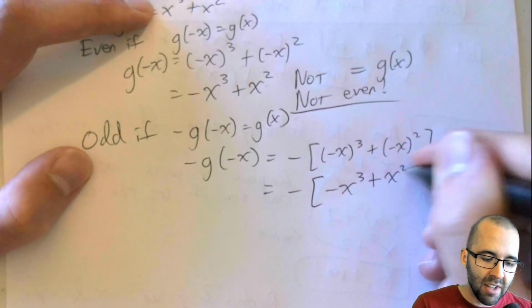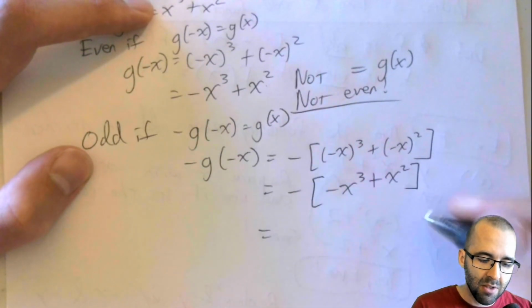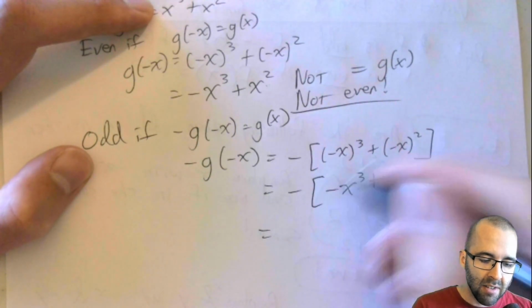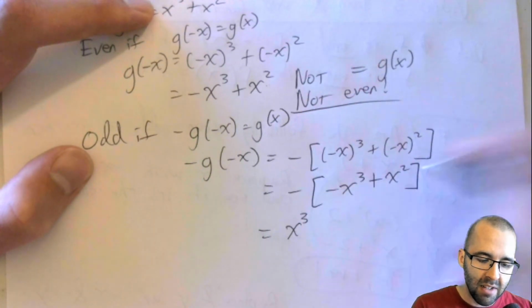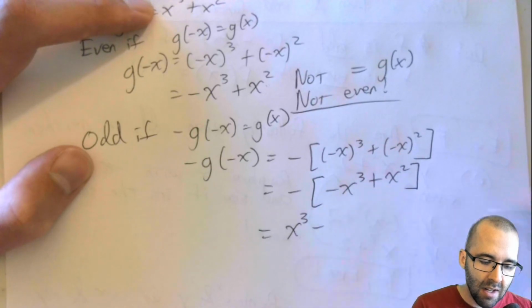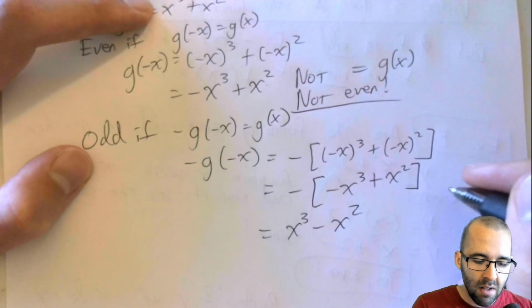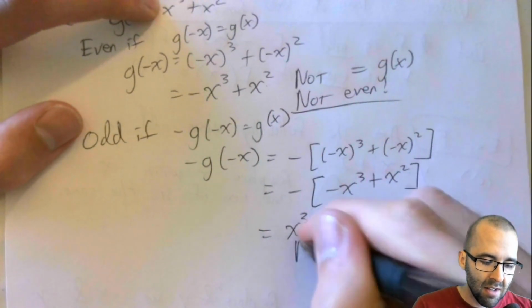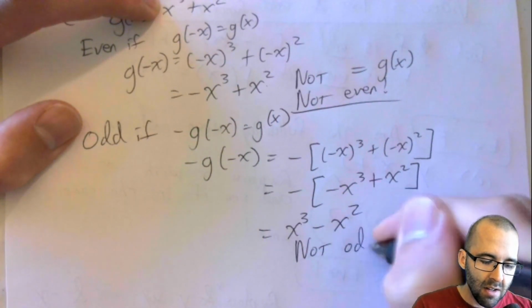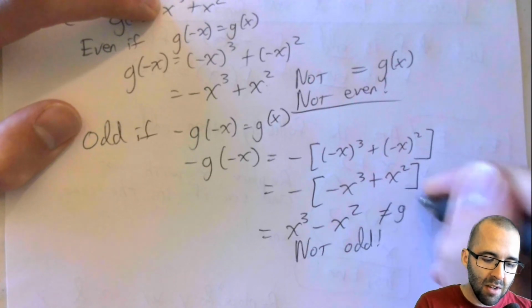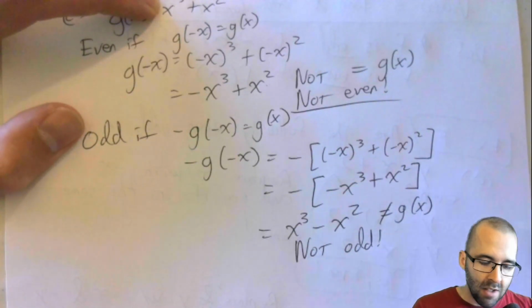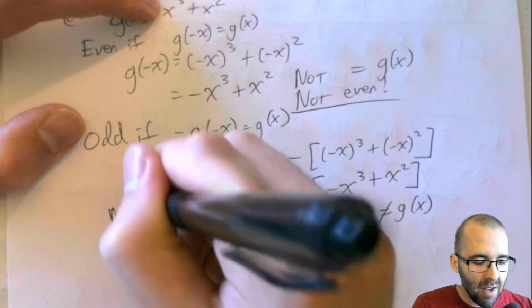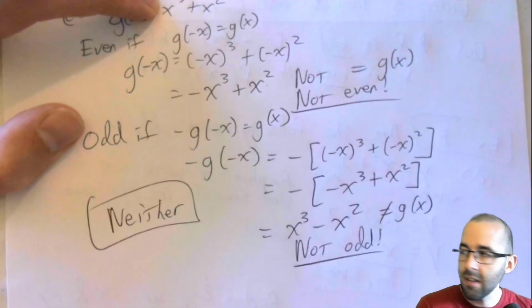Again, this is still positive x squared. Deal with that negative, distribute it in. Negative times a negative is a positive x cubed, negative times a positive is a negative. This is also not the same thing. It's also not odd. That's not equal to the original function. So again, this is another case where it's not even and it's not odd, neither.